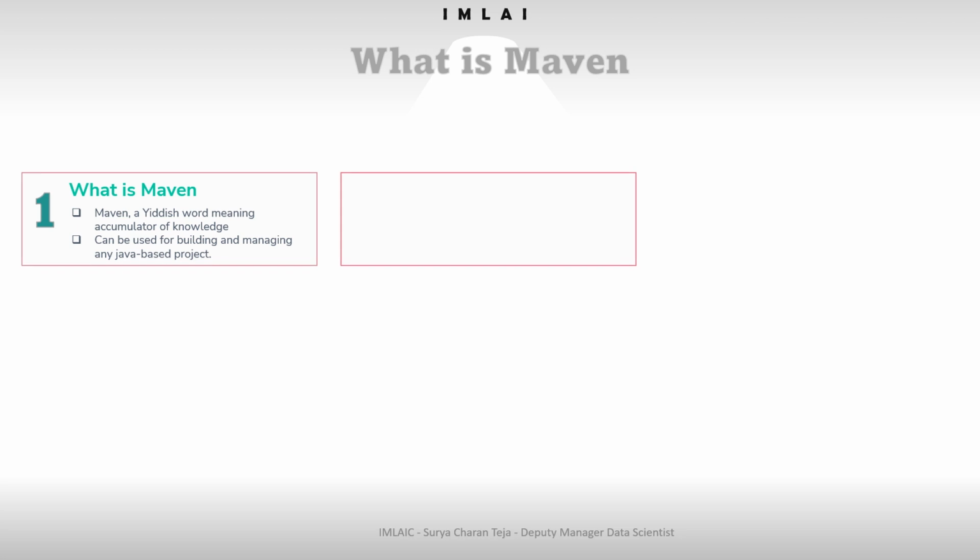They wanted a standard way to build the projects, a clear definition of what the project consisted of, an easy way to publish project information, and a way to share jars across several projects. The result is a tool that can now be used for building and managing any Java based project.